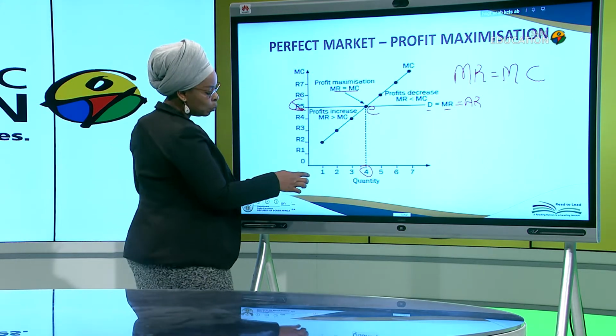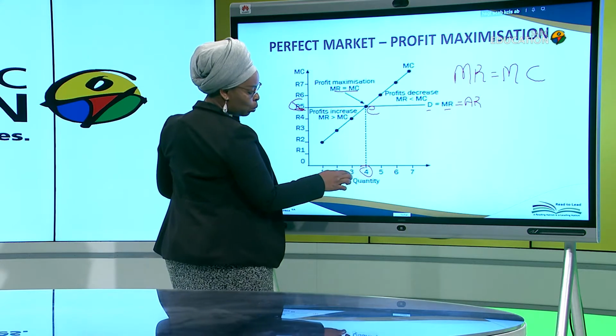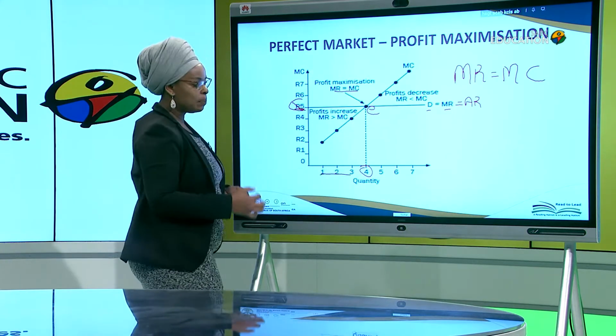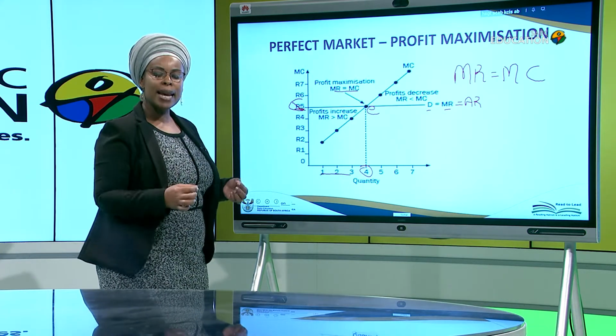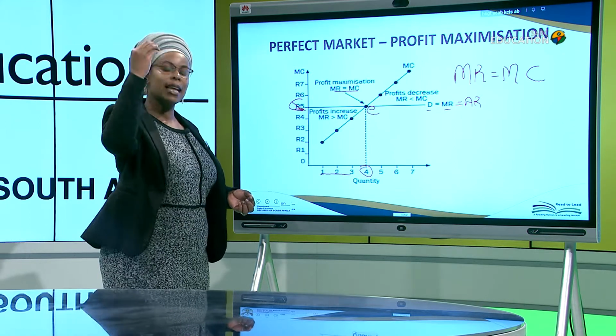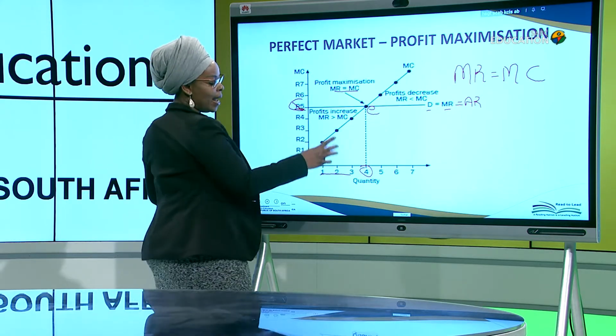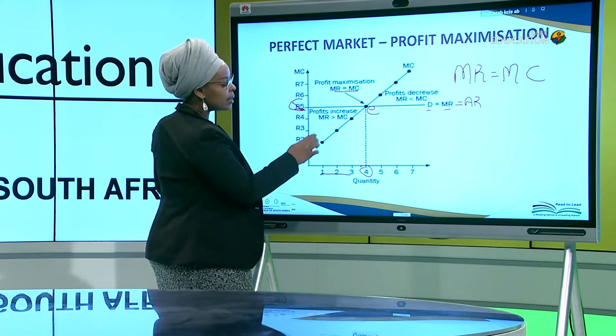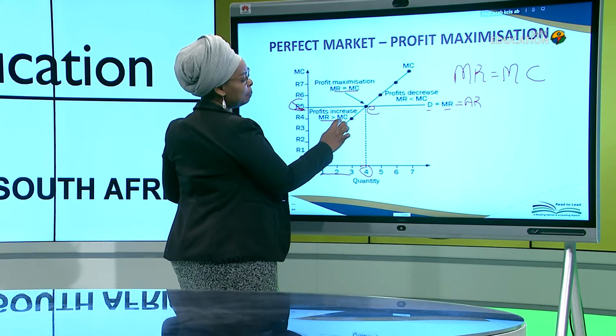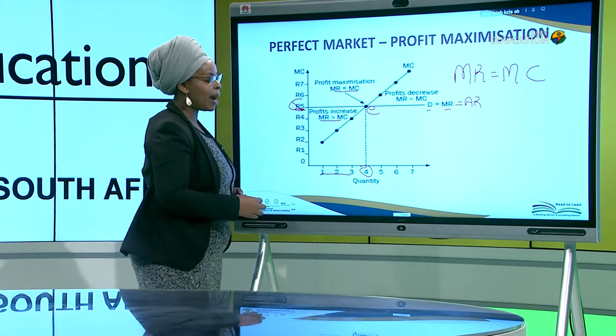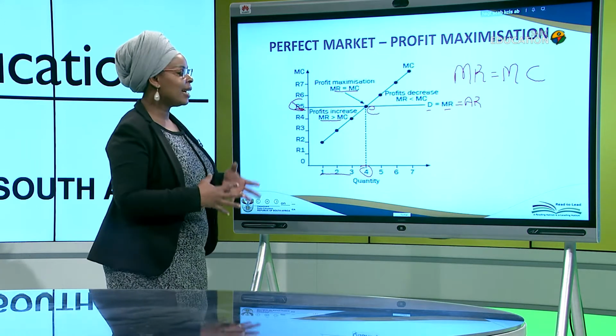But at output 1 up to output 3, it means that the business can make profit, but not the highest profit. So that is why quantity 1 up to quantity 3 will represent the point whereby MR is greater than MC.